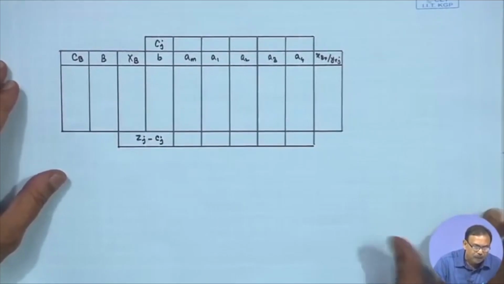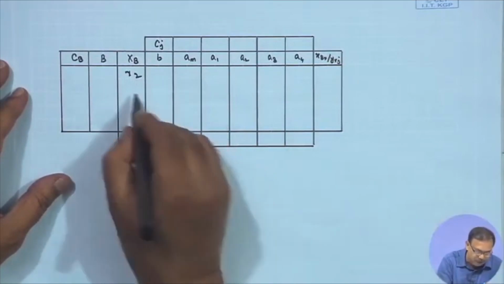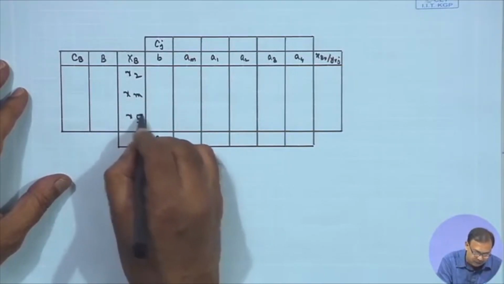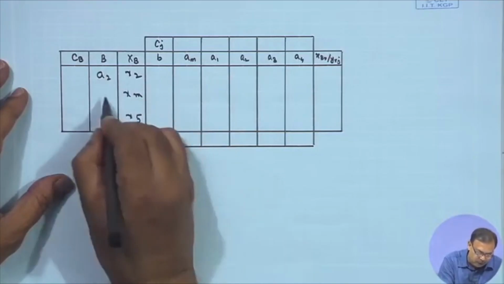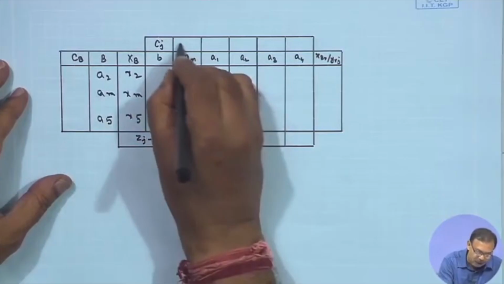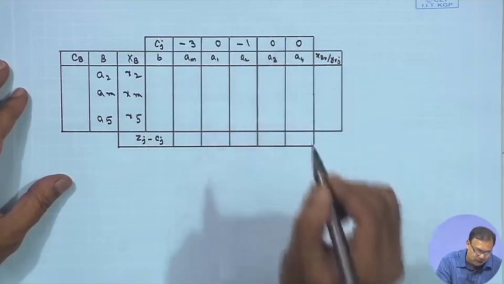So, in the next table what will happen? In the next table x2 will be there, x4 will be replaced by xm and x5 will come. So, this will be A2, Am and A5. Your values are minus 3, 0, minus 1, 0 and 0.